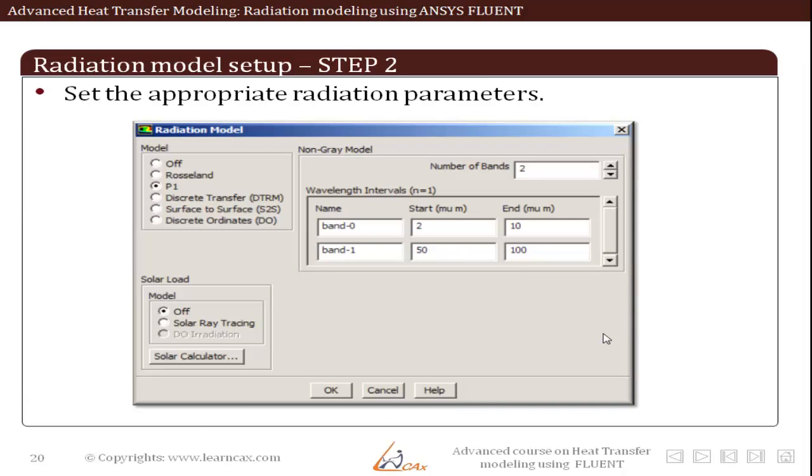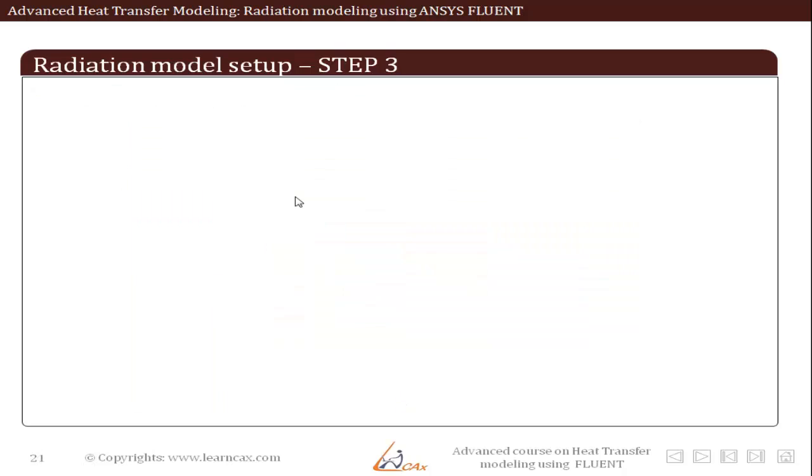Each radiation model requires some input parameters. As shown in the P1 model, we require wavelength interval and number of bands. So this is an example of the dialog box for the P1 radiation model. So what we have done here is we have selected the P1 radiation model, and these are the various inputs needed for that model. So we also have to fill up these inputs.